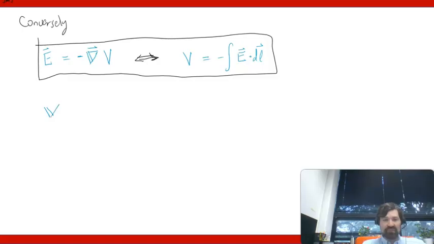So this operator del, it's actually called an operator, but we don't really have the vocabulary for that.